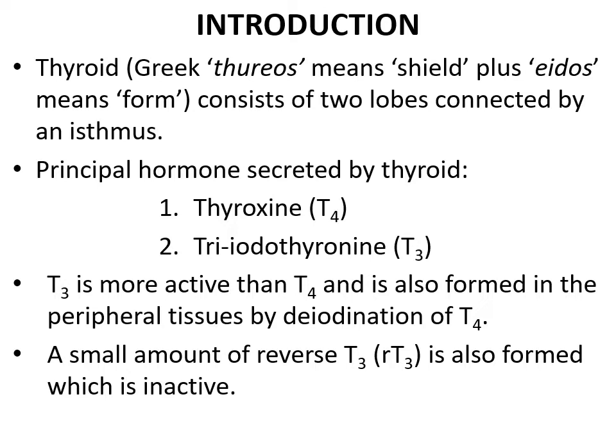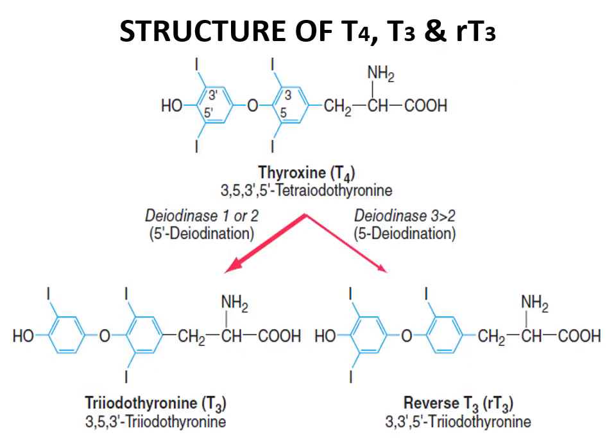T3 is more active than T4 and is also formed in the peripheral tissues by deiodination of T4. A small amount of reverse T3 is also formed, which is inactive. So this is the structure of T4, T3 and reverse T3.